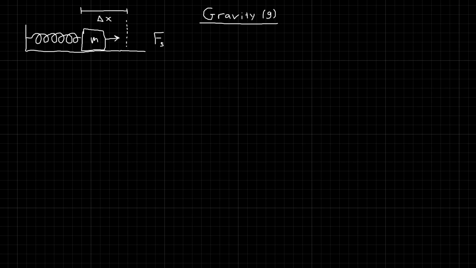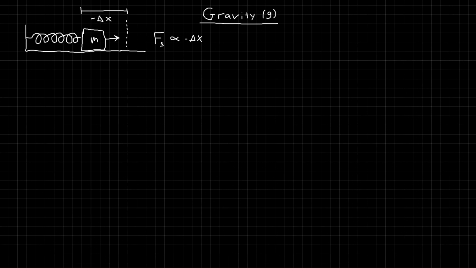And from this example, we know that it is proportional to the opposite of change in position. Because when you stretch it to the left, so let's say that this delta x is negative because it's going to the left, the force applied is to the right.